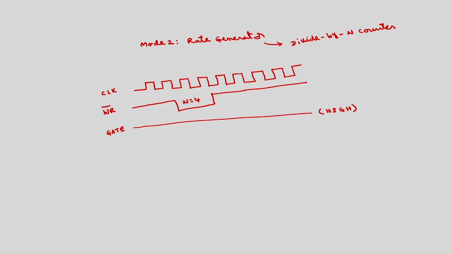And the out signal will be initially high, so after this write bar goes from 0 to 1, from the next immediate negative edge onwards, this is the negative edge, this is 1.